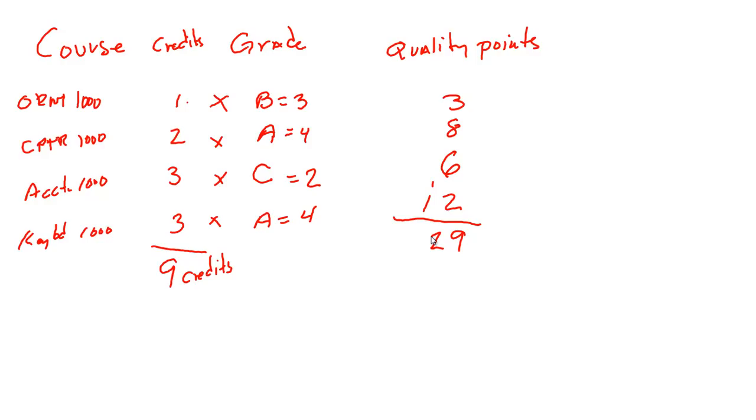So big deal. What does that do for me? Well, here's what I do to get my final thing, which is grade point average, or GPA. I take 9 credits and I divide it into 29. So 9 into 29 goes how many times? 9 will go into 29, what, 3 times? 3 times 9 is 27.